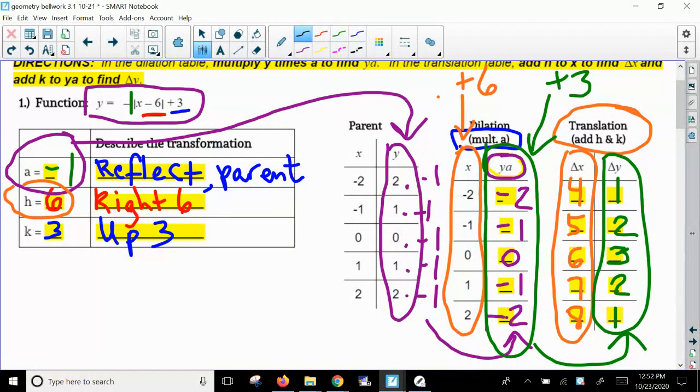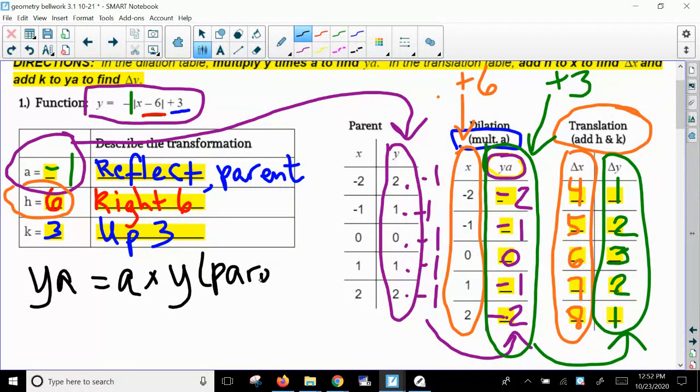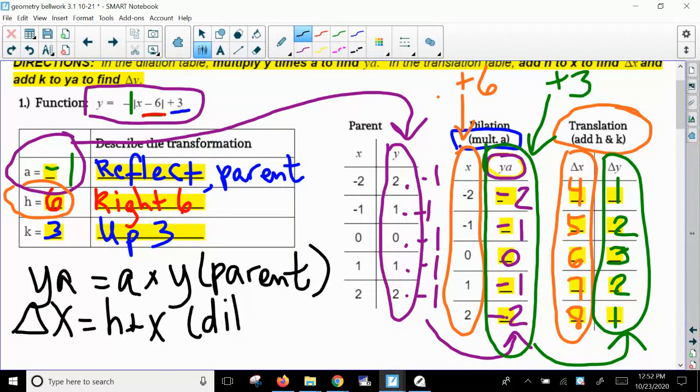So remember, for YA, we multiply A times Y, we use the parent table. Okay. For delta X, we added H plus X. We use the dilation table.